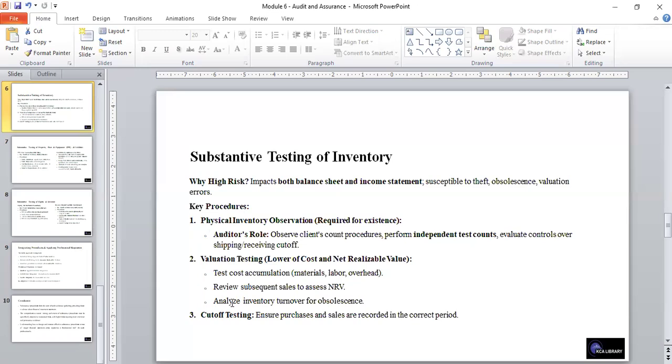The key procedures under substantive testing of inventory include physical inventory observation, which is required for existence. The role of the auditor is to observe the client's count procedures, perform independent test counts, and evaluate controls over shipping and receiving cutoff. Another procedure is valuation testing, which requires the lower of cost and net realizable value.